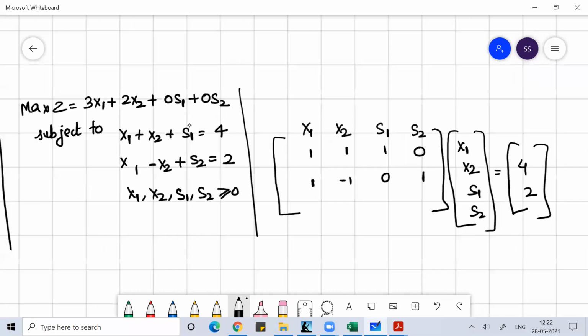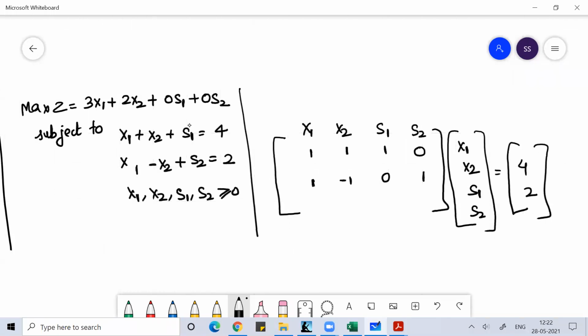You see this, we write them in algebraic form.